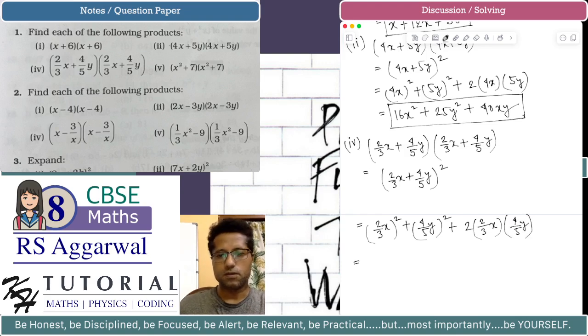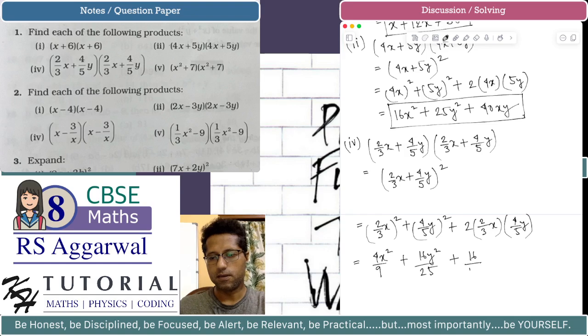Now this is equal to 4x square by 9 plus 16y square by 25 plus 16 by 15 xy. This is the final result.